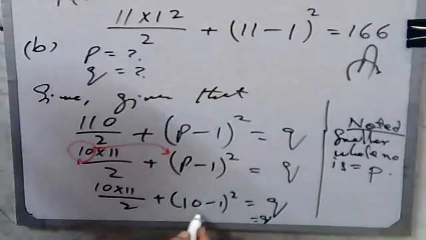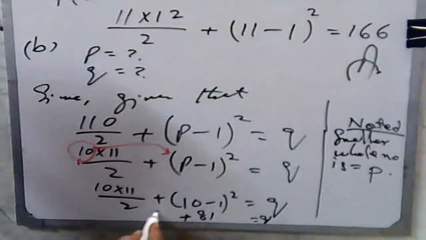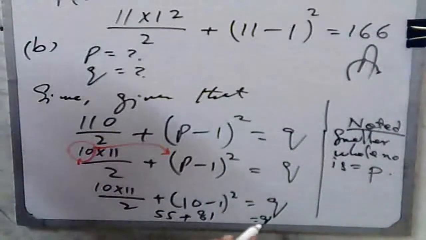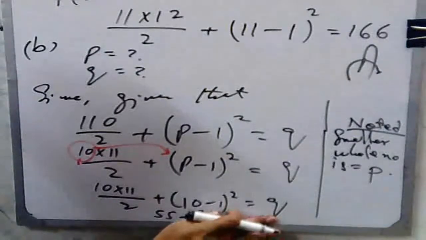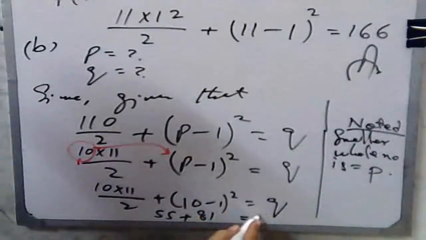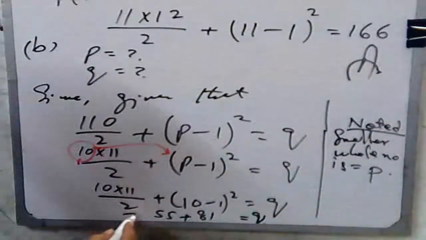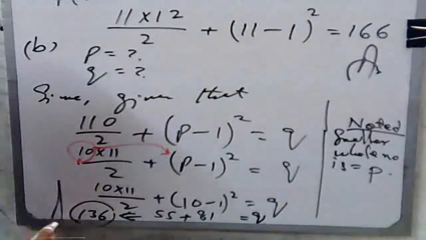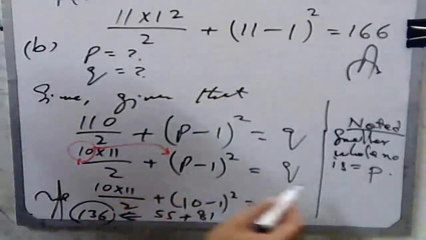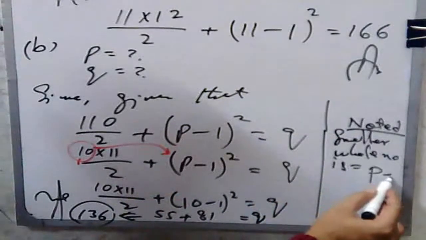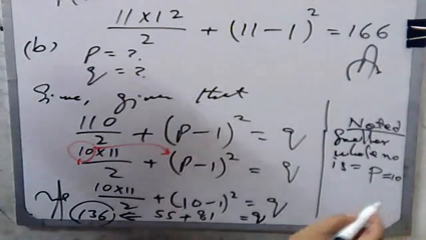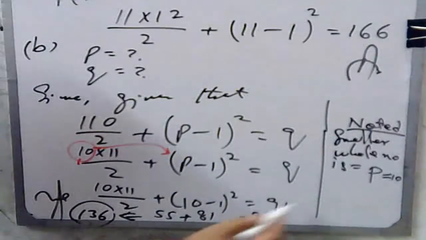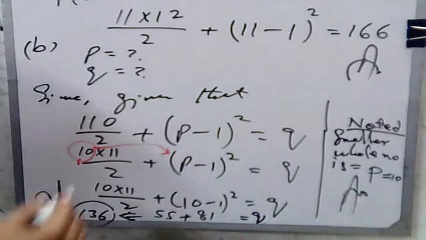So 81 plus 55, and after simplification you will get 136. That is your result. So the value of P is equal to 10 and the value of Q is 136. These two values should be calculated.